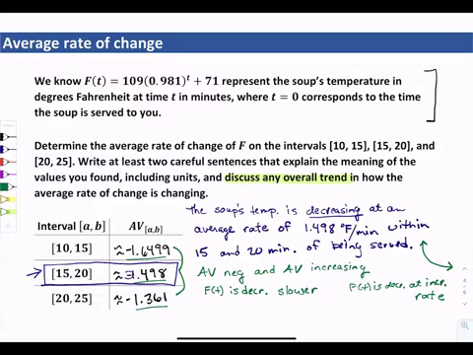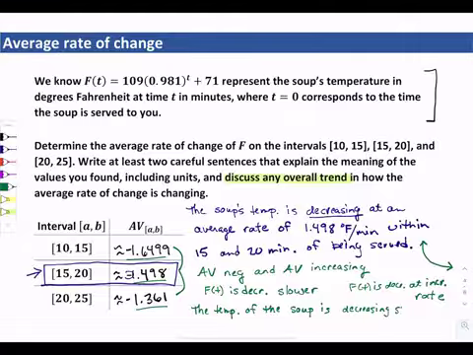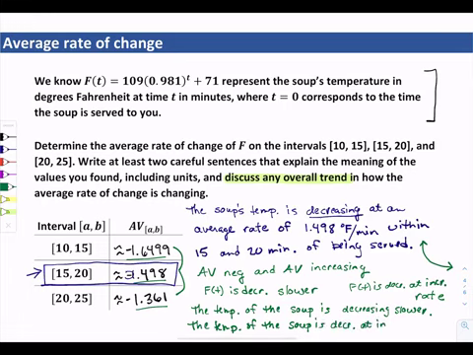So in context, our actual sentence, we could say something like the temperature of the soup is decreasing slower. Or the temperature of the soup is decreasing at an increasing rate.